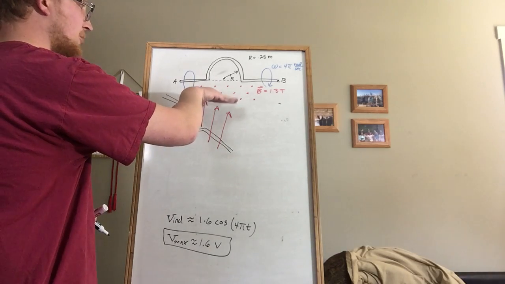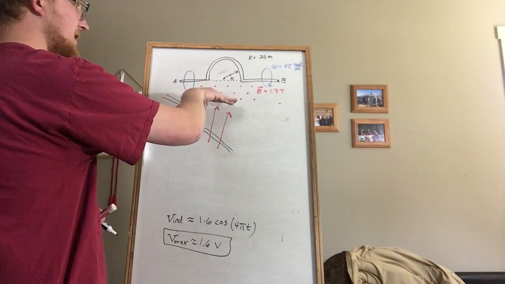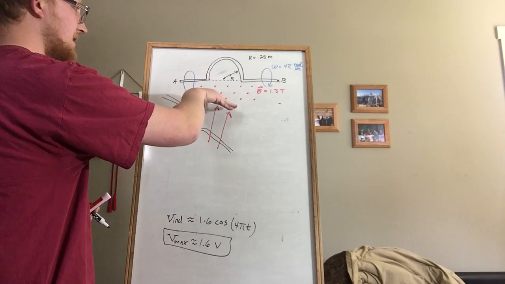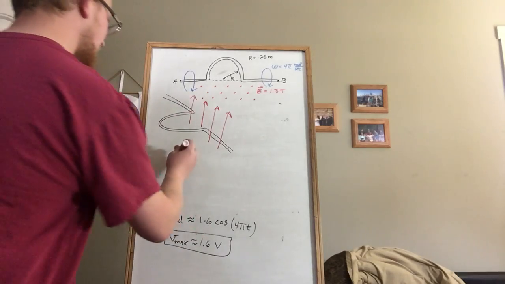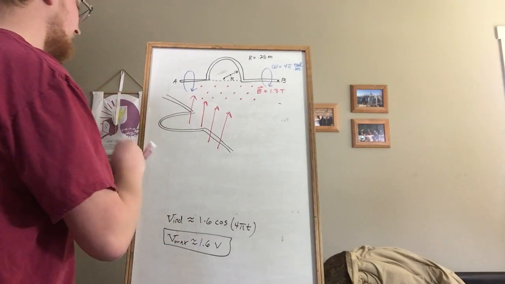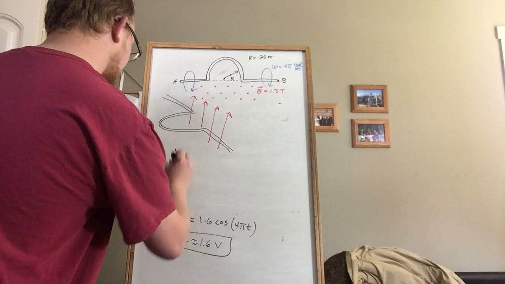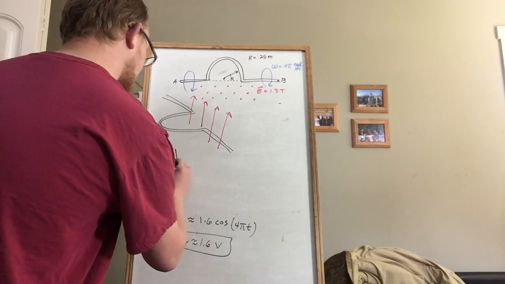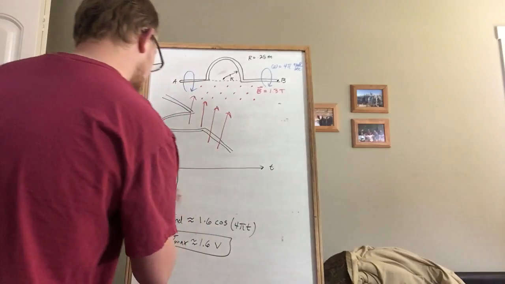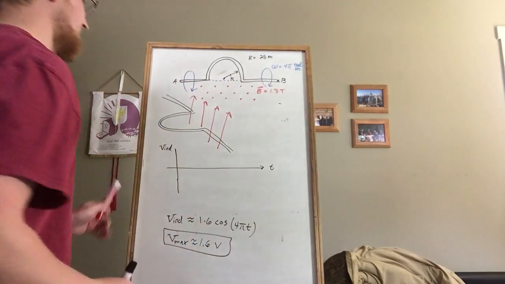Then at this point, there's no change in flux. And as we rotate down, there's a decrease in flux, so the voltage opposes that. What you end up with is a graph of voltage induced as a function of time that looks something like this.